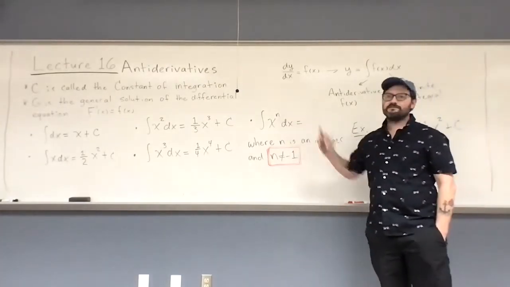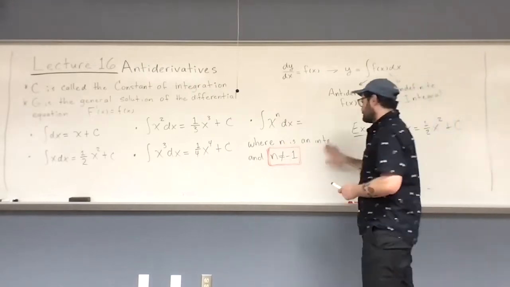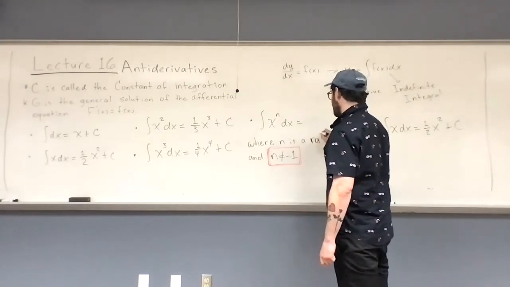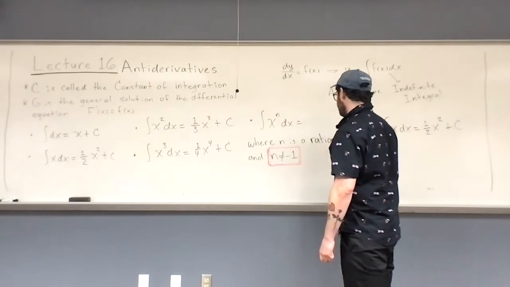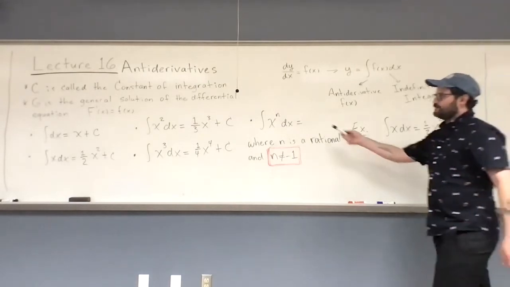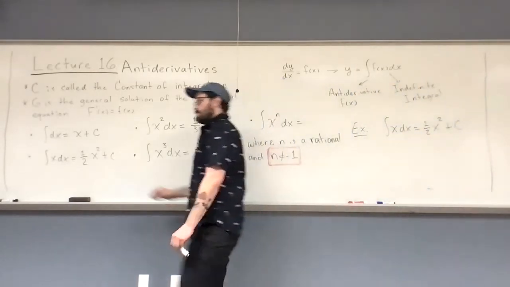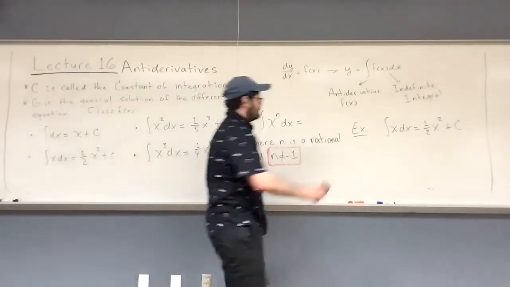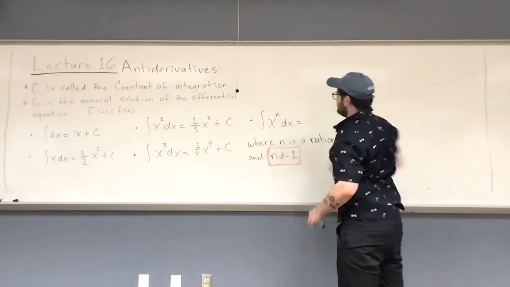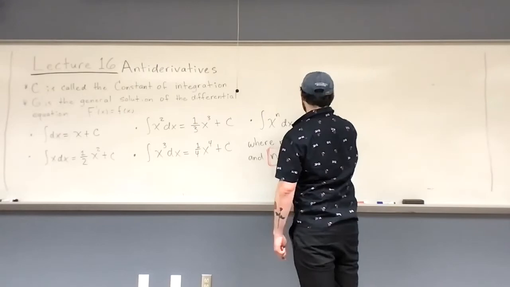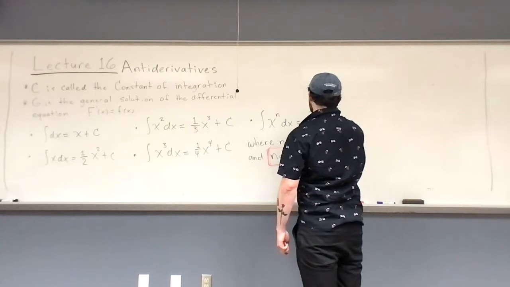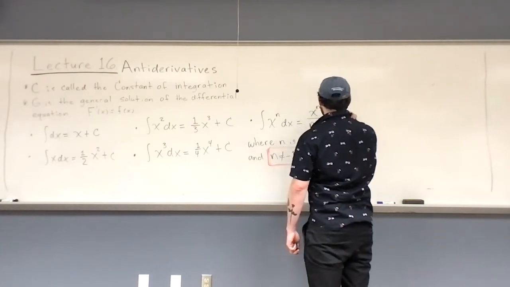Any other n, not even integer, what am I saying? Where n is a rational number. Sorry, rational. So what's this formula right here? Won't it be 1 by n plus 1 times x raised to n plus 1, plus c? That's it. So it's x to the power n plus 1 divided by n plus 1 plus c.